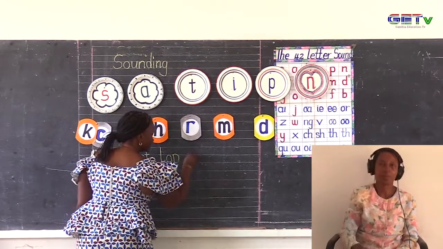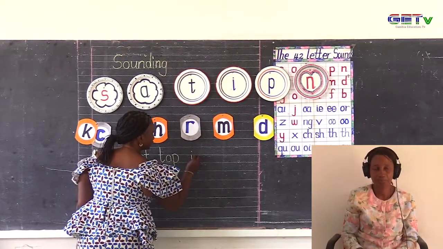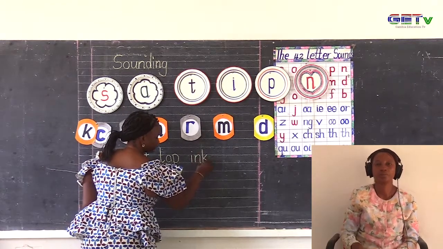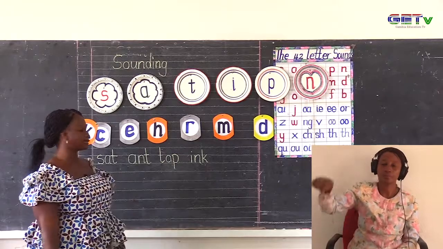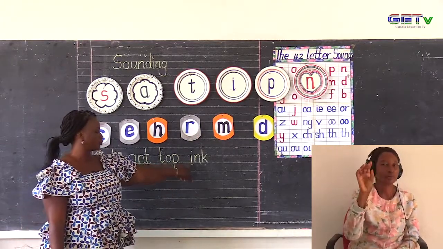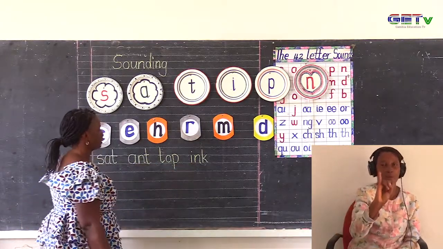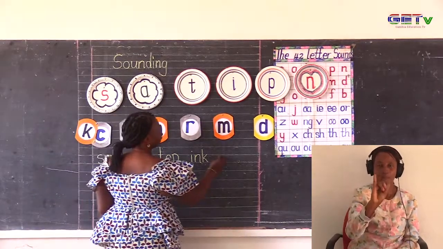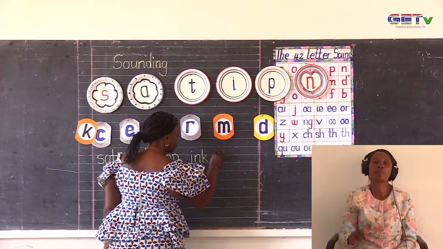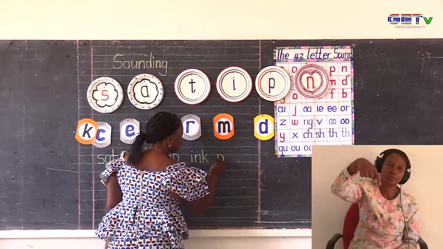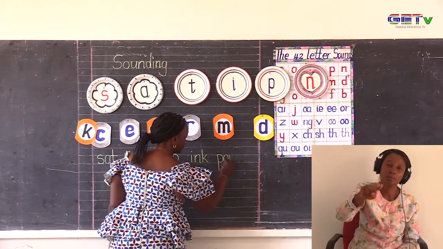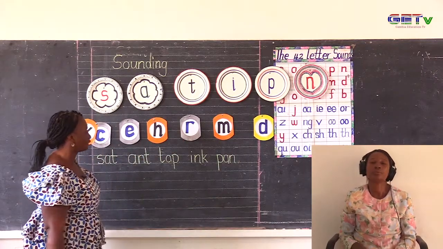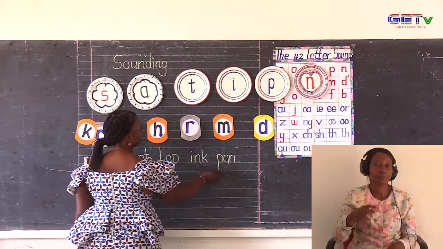We go I. We have ink. What's the initial sound here? That is I. We hear the I sound. And then the other one we have P. Pan. The initial sound there is P.